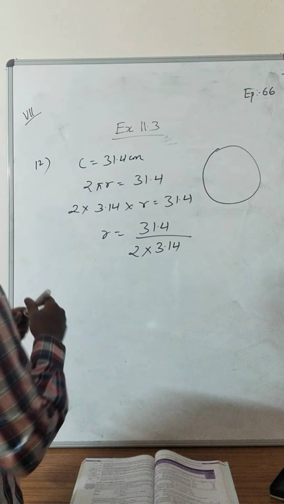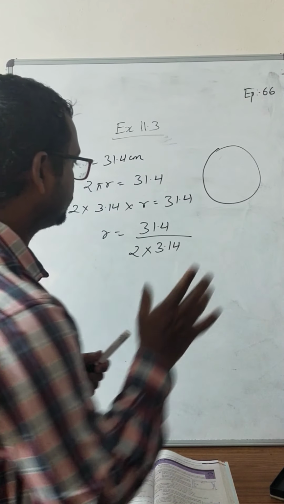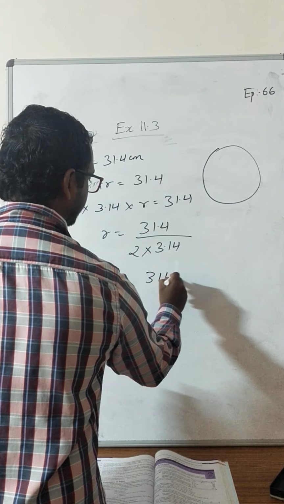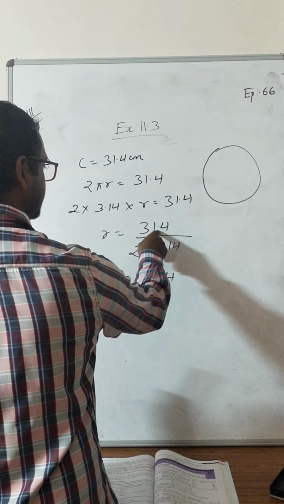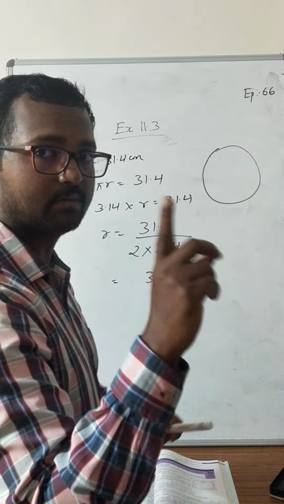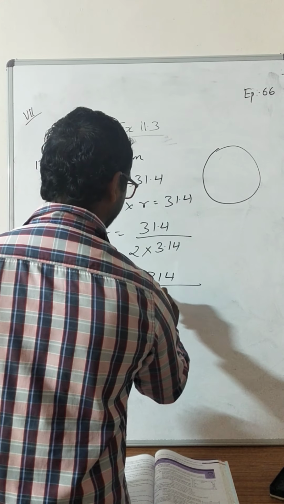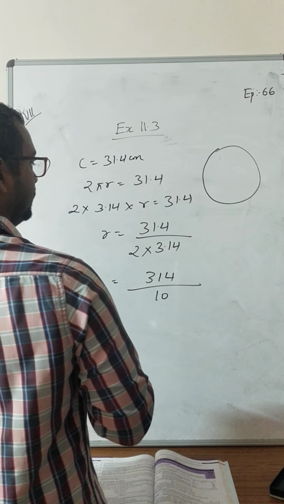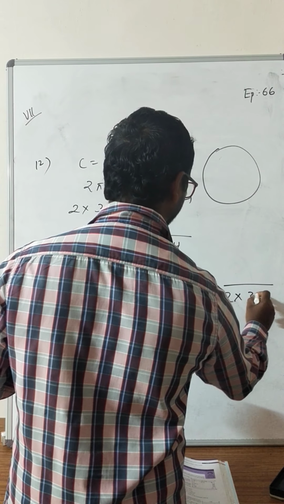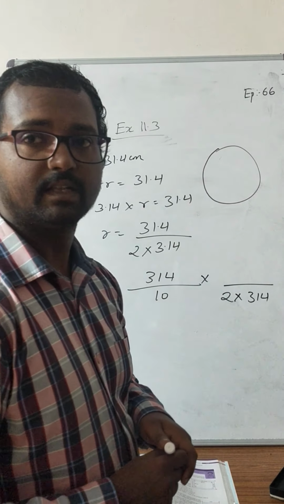Now we can't just cancel them directly. So what I'm going to do is I will take 314. After the decimal, how many numbers are there? One number, so I will bring 10 in the denominator. Now see here, 3.14 I am writing as 314.